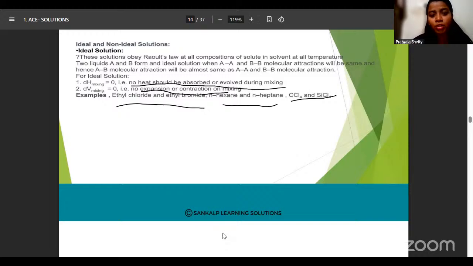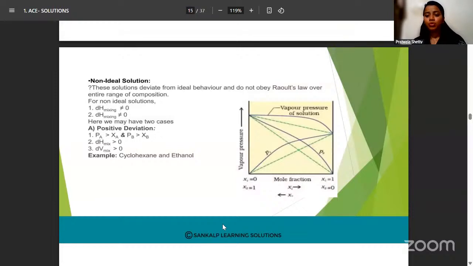And remember, non-ideal solution has two types, which is positive deviation and negative deviation. I'll tell you about them. You understood what is non-ideal solution: it doesn't obey Raoult's law, the enthalpy of mixing of pure components is not zero, and the volume of mixing is also not zero.